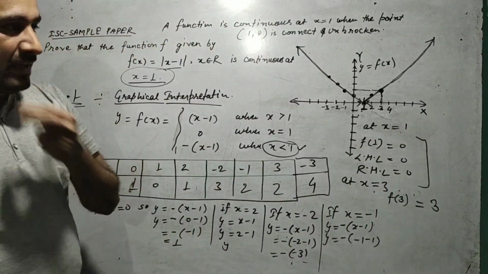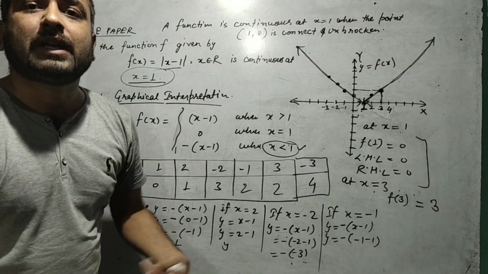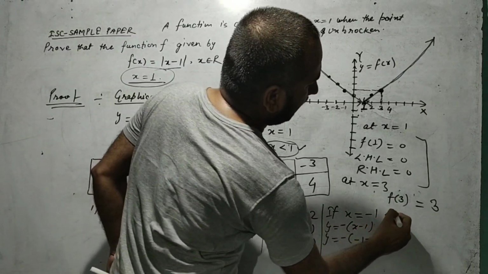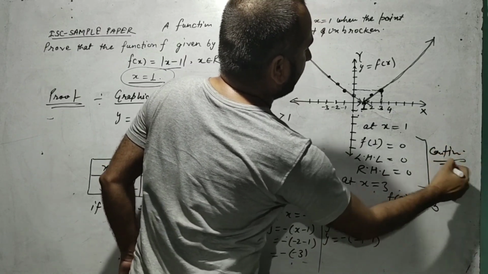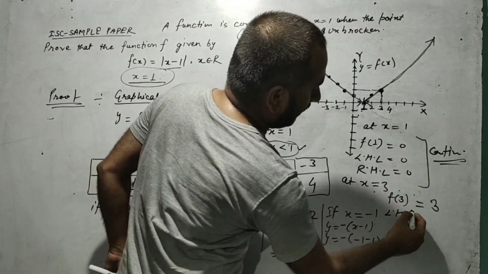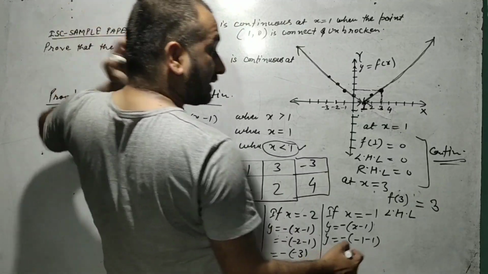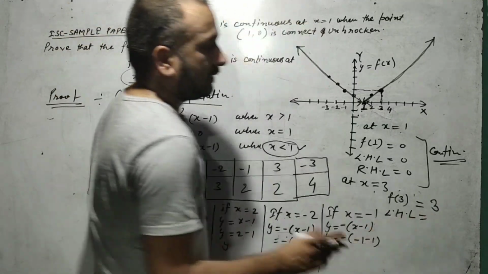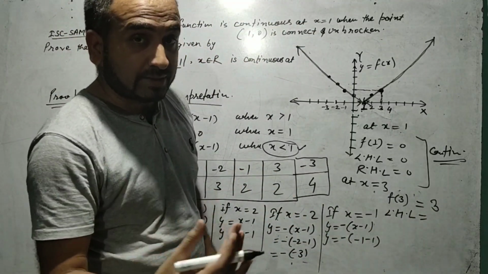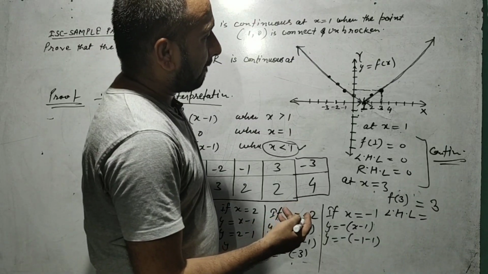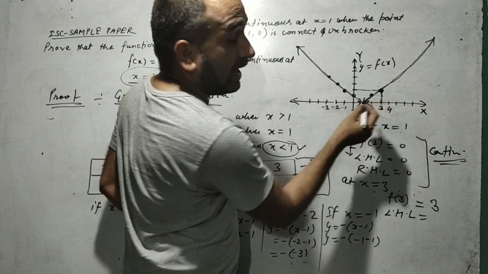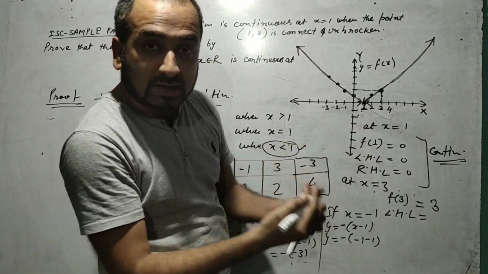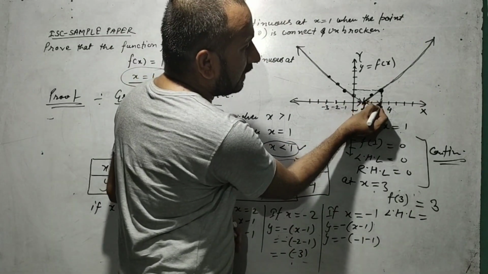Okay students. Now I am asking about the left hand limit and the right hand limit. So the left hand limit is what? I am asking you at x equal 3, the left hand limit will be what? Listen students, I am again speaking. At x equal 3, the left hand limit will be 2.999, means it will be here.